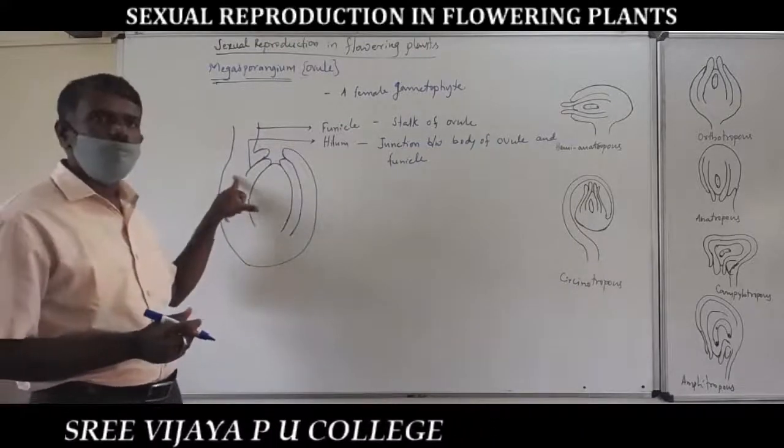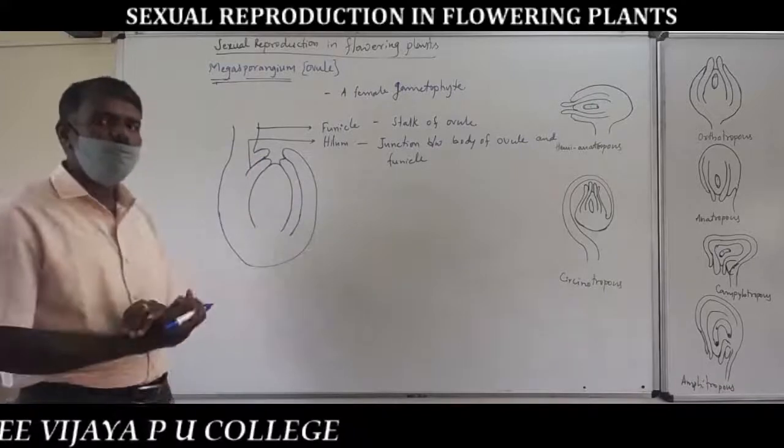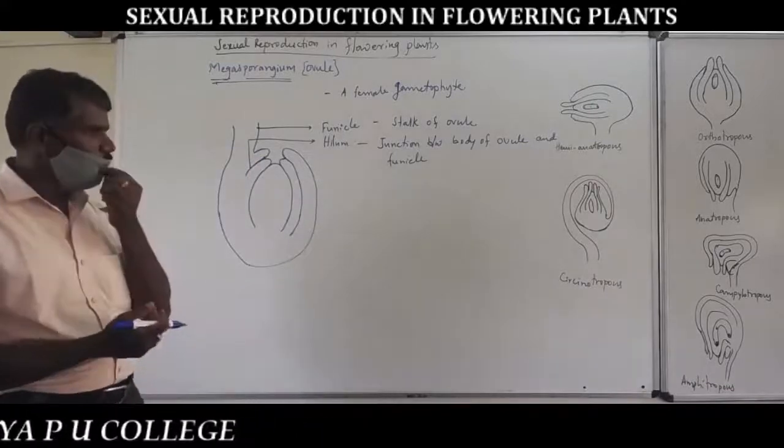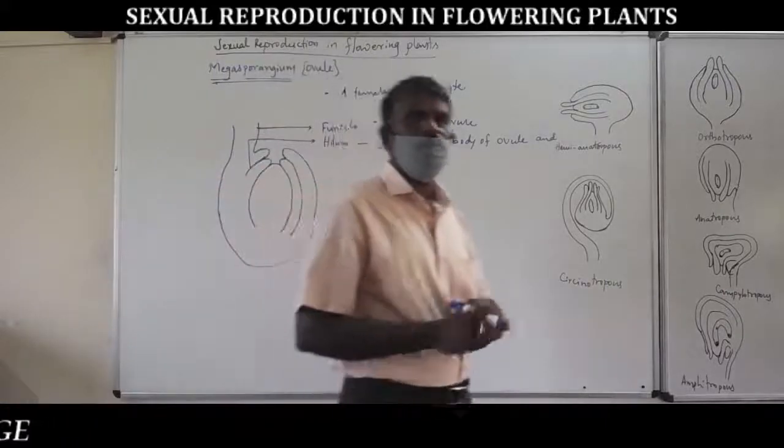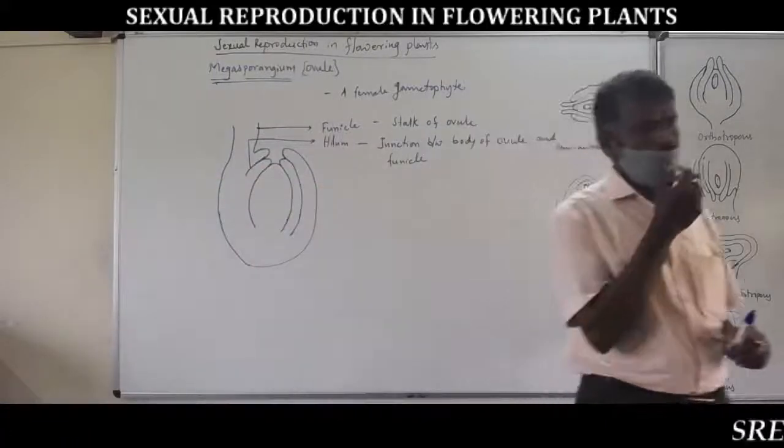The body of the ovule is covered with two integuments. How many integuments? Two integuments.